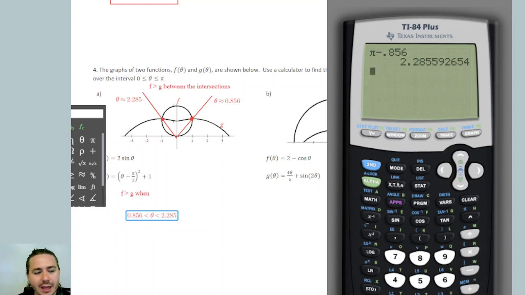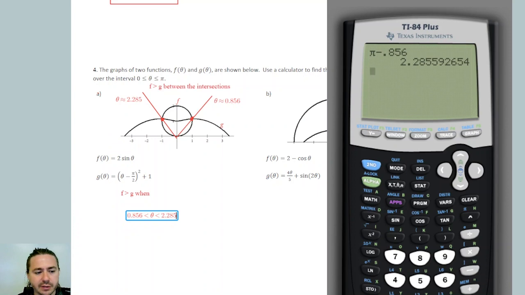So not a lot of me writing stuff down. This is a very conceptual question here. You've got to really understand first what it means for F to be greater than G, and then you have to understand how to find these points of intersection. I guess that's it.